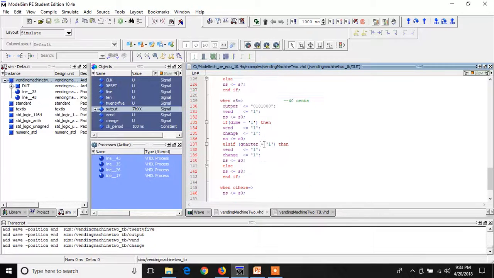And at state 8, if quarter is 1, it is going to vend and give change, because there is only one item in the vending machine which costs 40 cents, and if you put in 25 cents after that 40 cents, it is going to be more, so the machine will have to dispense change.